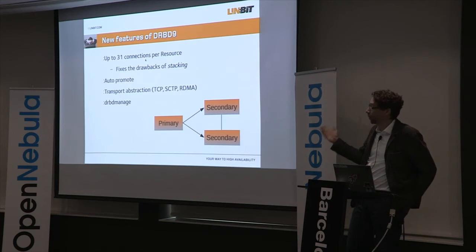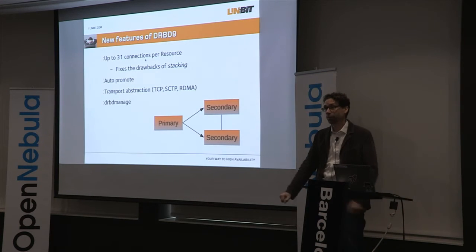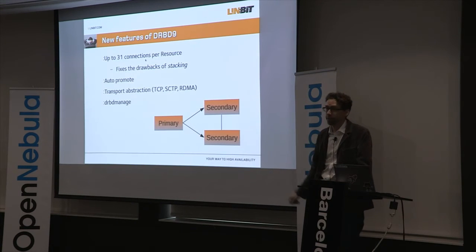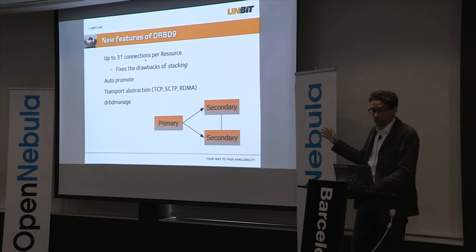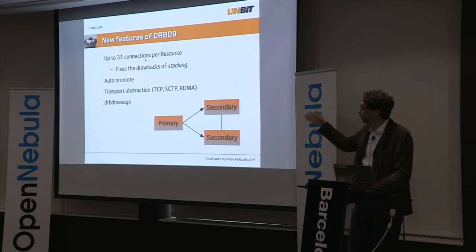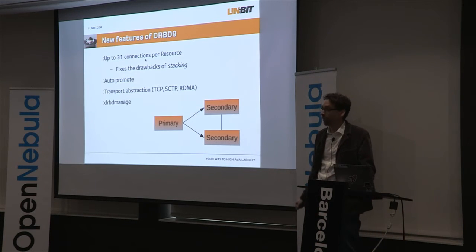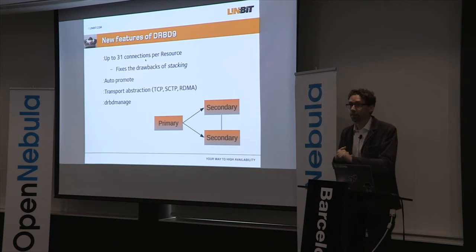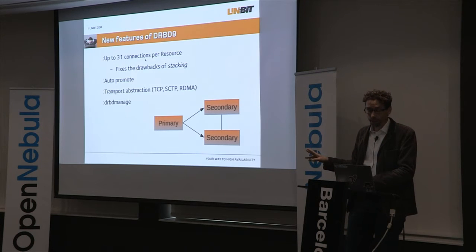For those who know DRBD, you always needed to promote it manually. This is no longer true. It has now an auto-promote mode. The other features on the list: it got this transport abstraction layer, so we are no longer fixed to TCP/IP. You can also use RDMA.